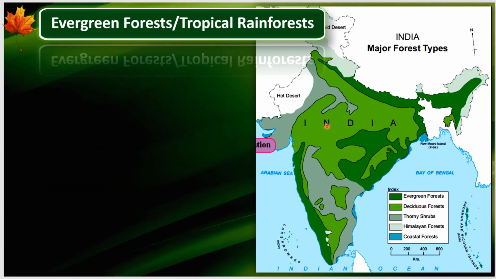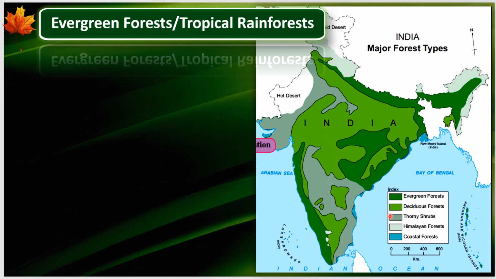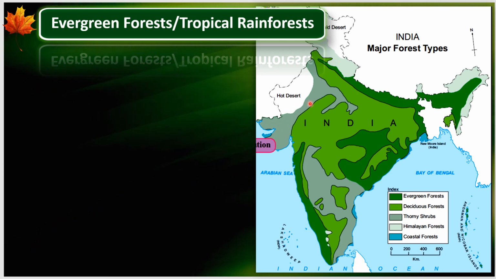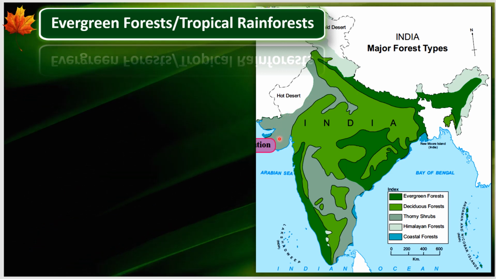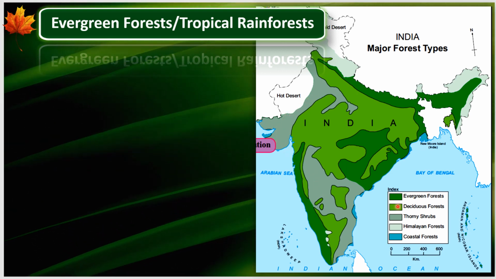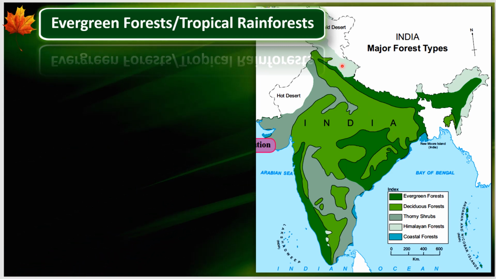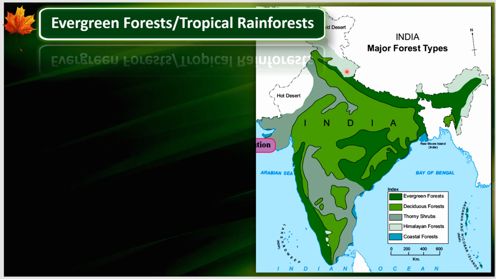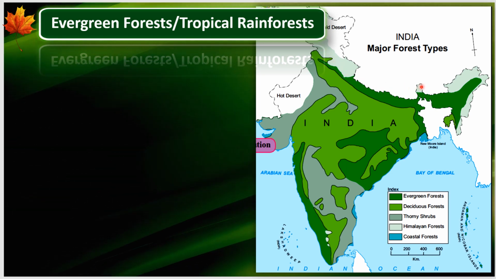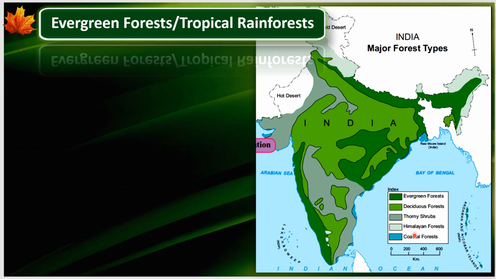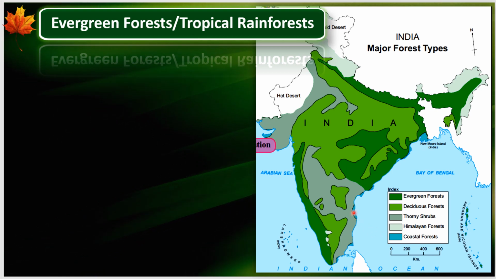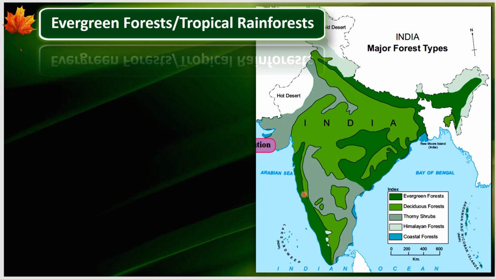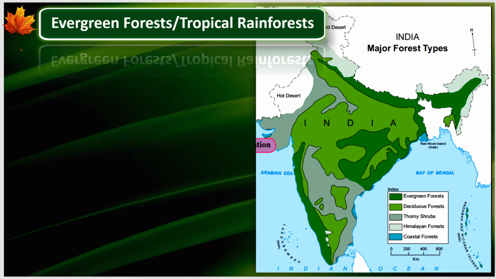Parrot green color are the deciduous forest. Then we have the thorny shrubs shown in bluish gray color. We have the Himalayan forest shown in light gray in color, and the coastal forest, which is shown in blue here. Can we see this? So these are the coastal forests.